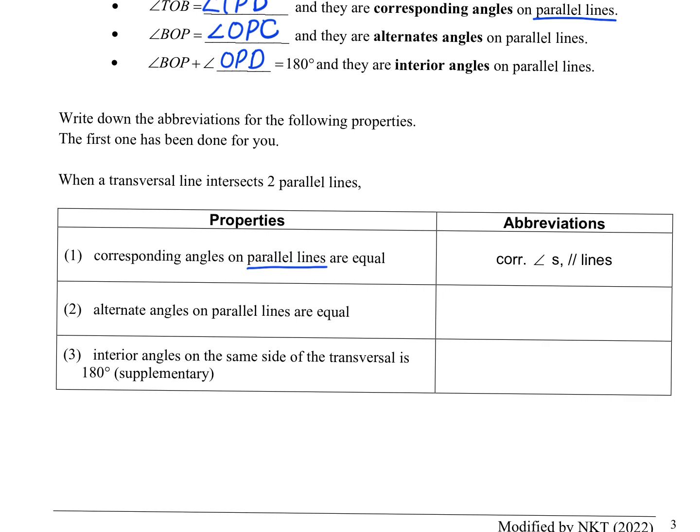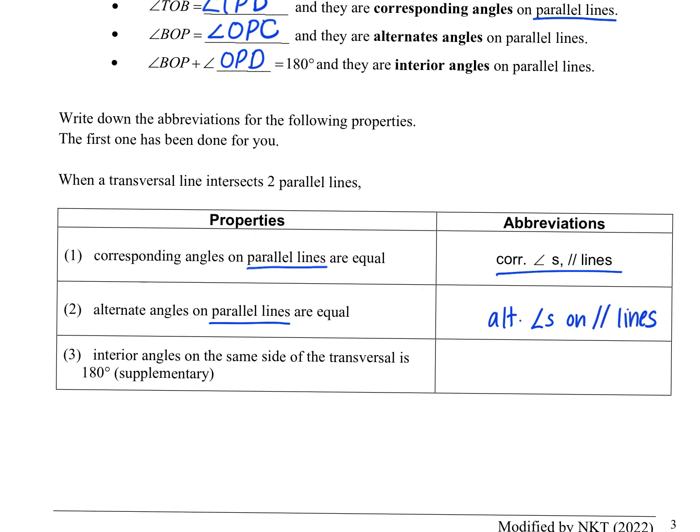The abbreviation is written as such over here: corresponding angles, parallel lines. The next one is that alternate angles on parallel lines are equal. So it must be a pair of parallel lines, then the alternate angles will be equal to each other. The abbreviation will be alternate angles on parallel lines.